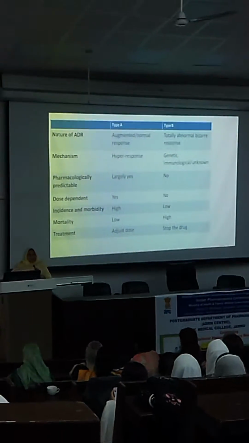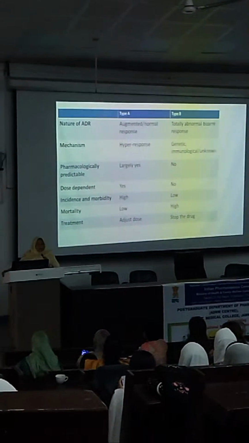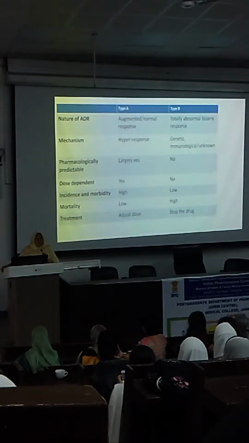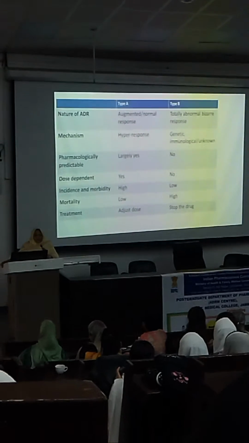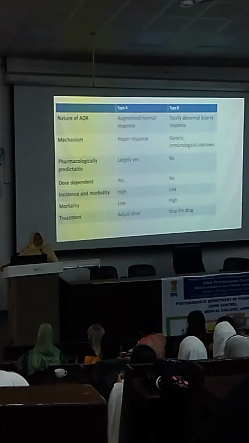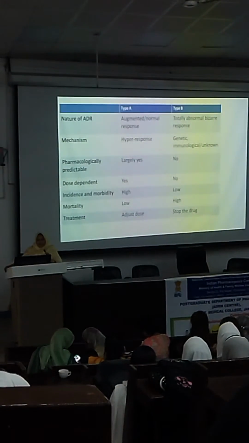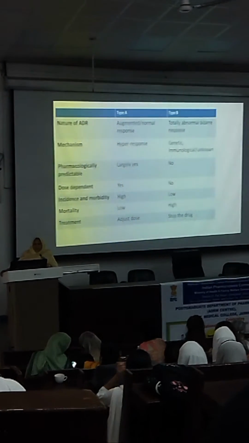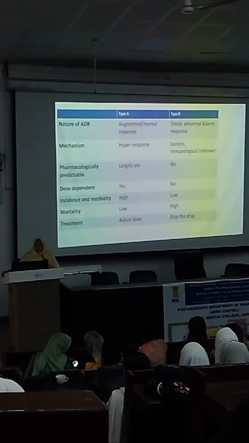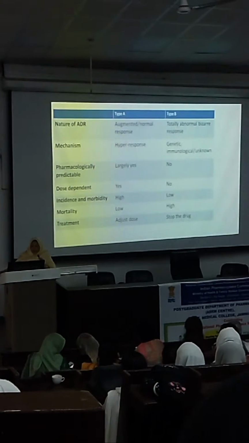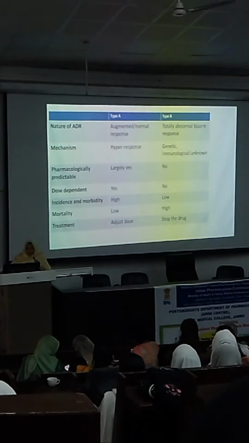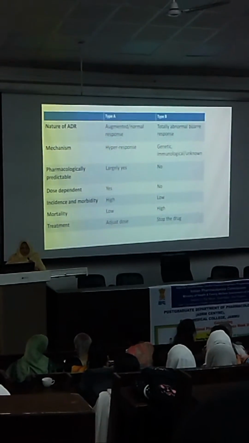Type B is an abnormal response, it does not depend upon the dose of the drug. Mechanism: hyper response is seen in case of type A reactions, whereas in case of type B, it is genetic in nature, the immunological system is involved, or it can be due to unknown mechanisms.